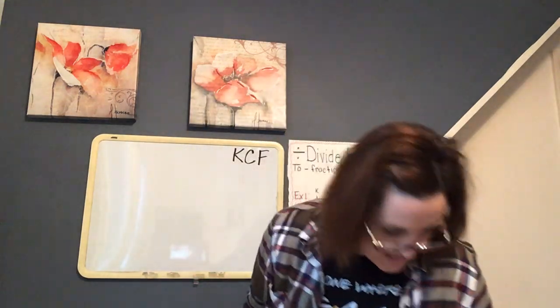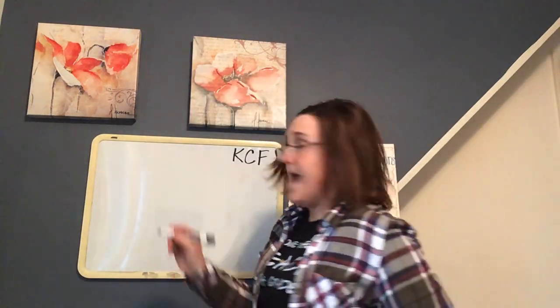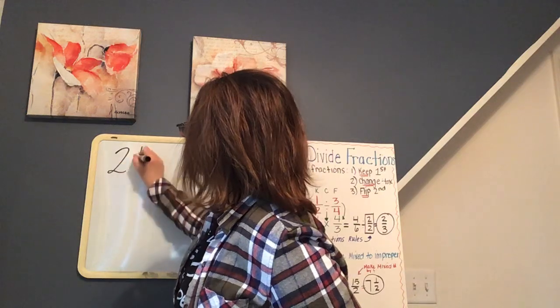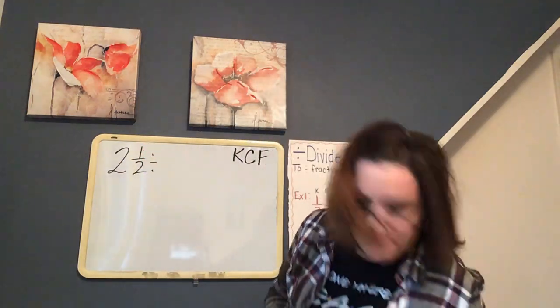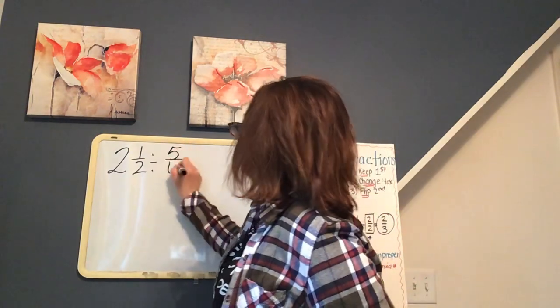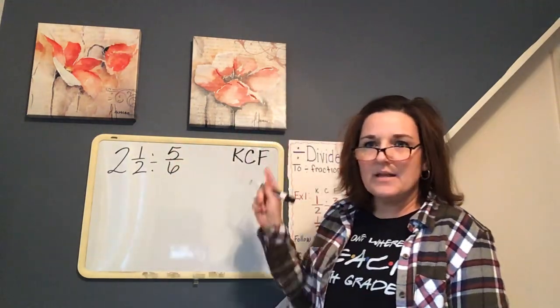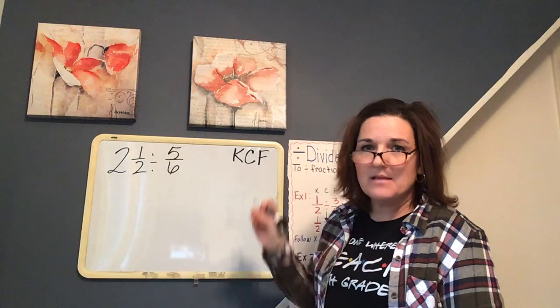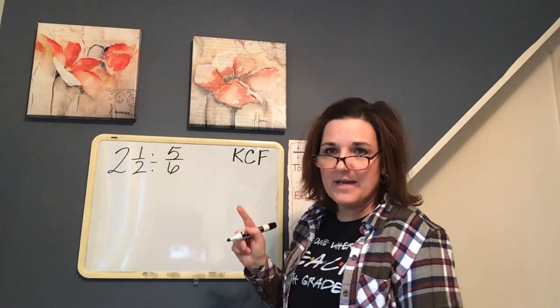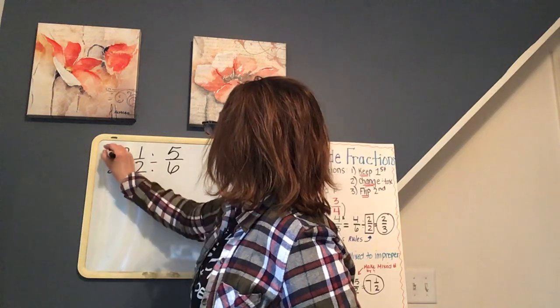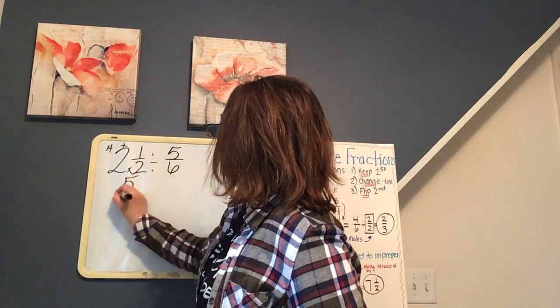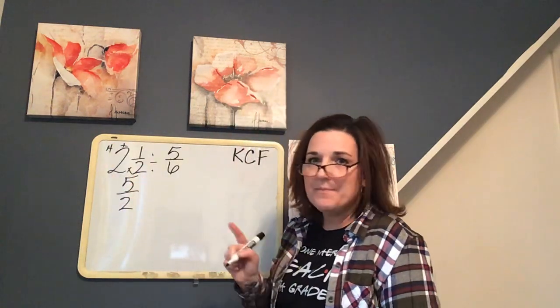All right, let's go with 2 1/2 divided by 5/6. Now, you can't do anything with a mixed number. You've got to make this into a normal fraction, which means you have to do the backwards circle step. You do not flip that.